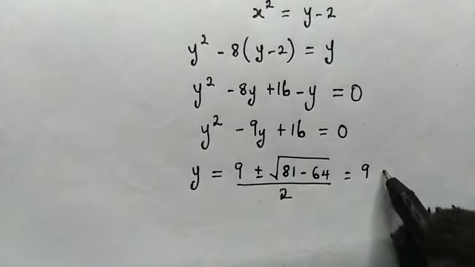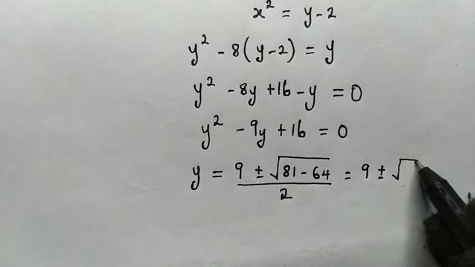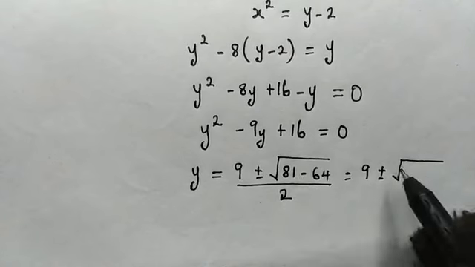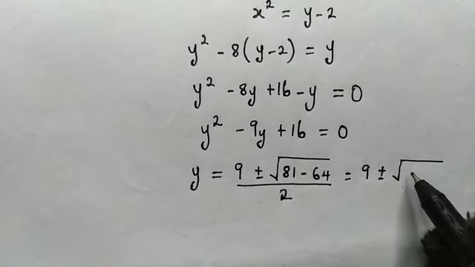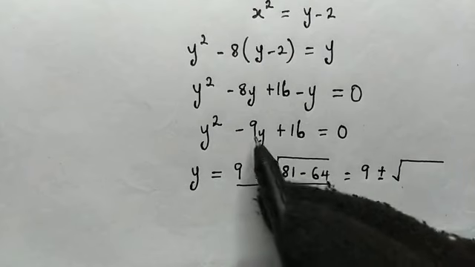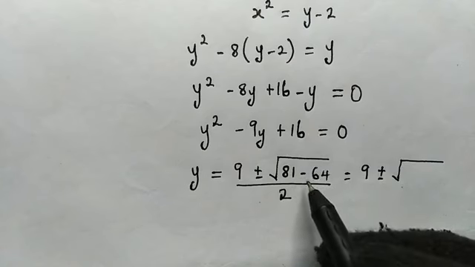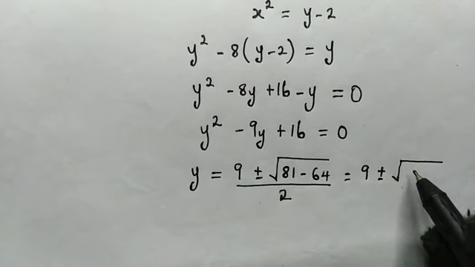So this will be equal to 9 plus or minus the square root of, let's see. Here, let us take note of something. We have negative 9 squared, which is 81, right? Then 4 times a times c, which is 64. So this will be 17, right?